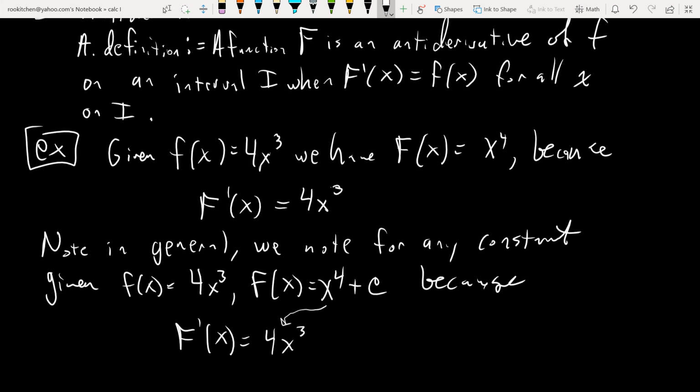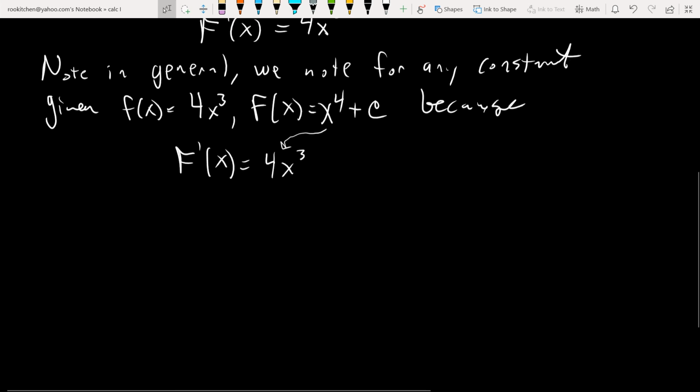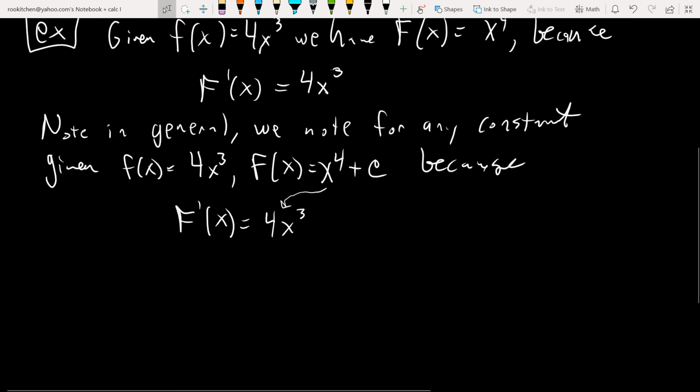Okay? So there's an infinite number of answers here. You could have x to the fourth plus 1, x to the fourth plus 2, x to the fourth plus 3. But they're only different in as much as they differ by a constant of some sort.